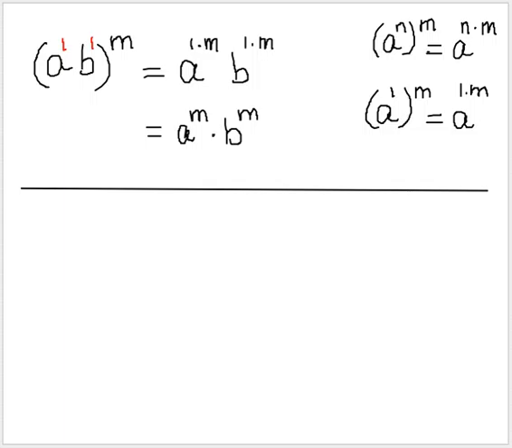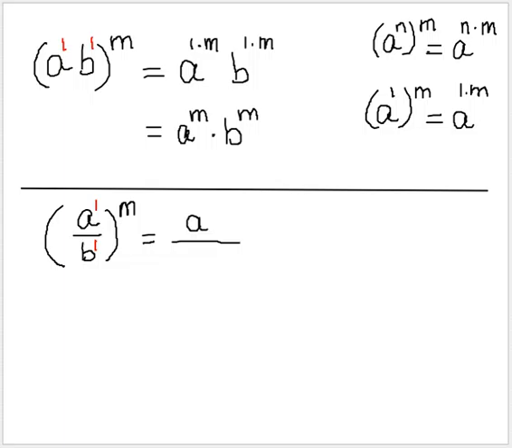Barbara? Great. All right, let's see. What if I have a over b inside the parentheses to the power of m? Again, the exponent inside the parentheses must be equal to 1. All right, so Cassandra, can you tell me what do we get at the top of the fraction here?